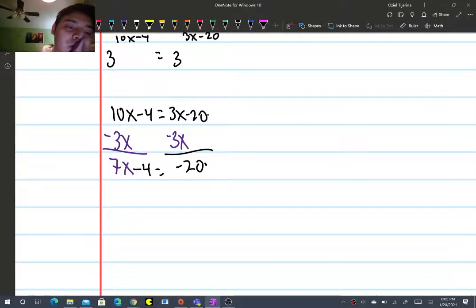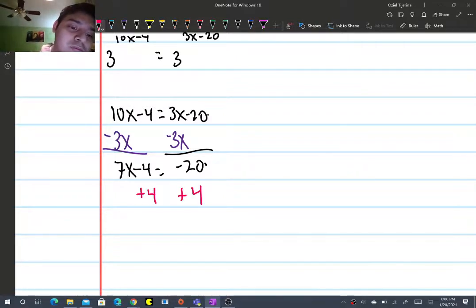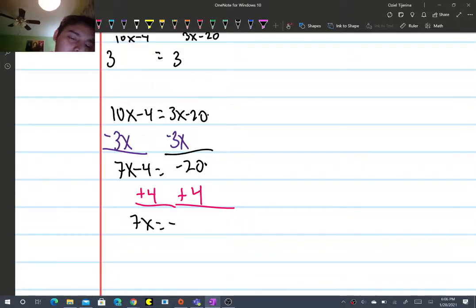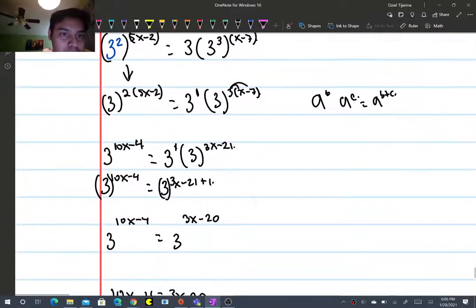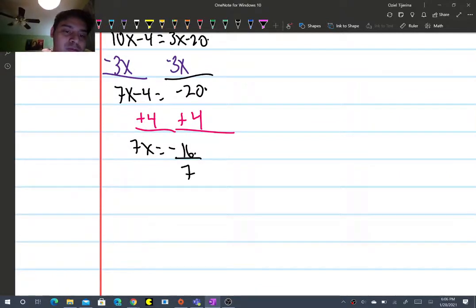We're going to add 4 to both sides. So 7x equals negative 16, I believe. And then we will have x equals negative 16 over 7, okay?